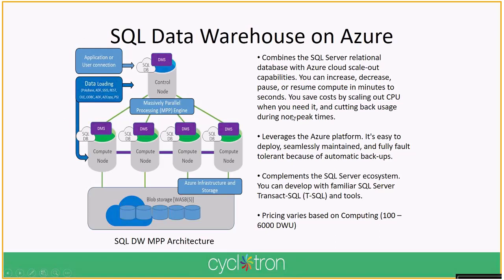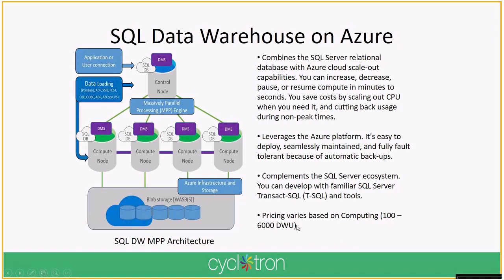Here's again the same slide explaining the MPP architecture. Like I said before, there are different pricing models available. Depending upon what kind of computing you're looking at, they go with what is called a DWU, which is a data warehousing unit.